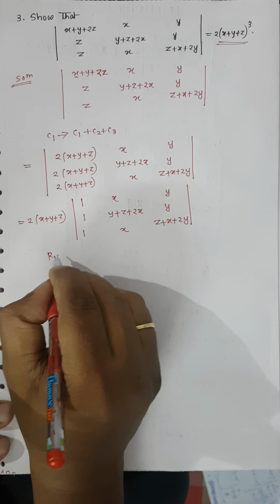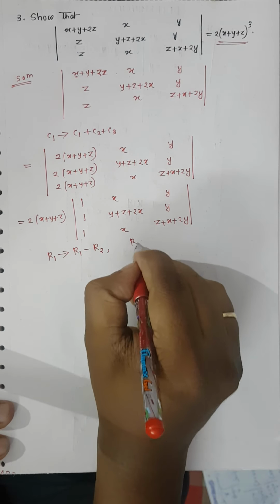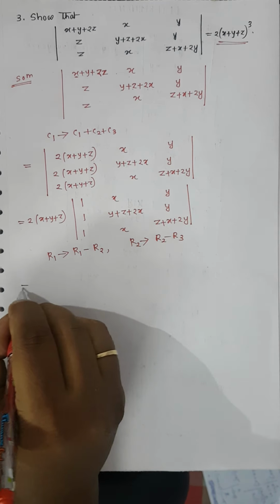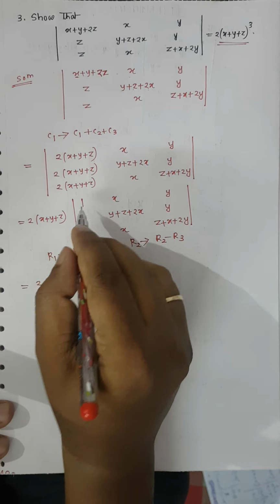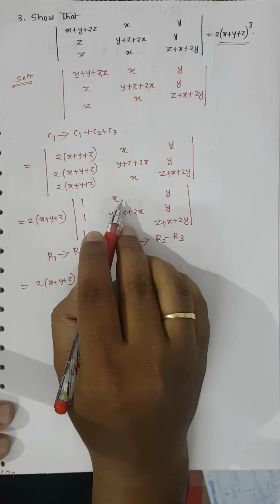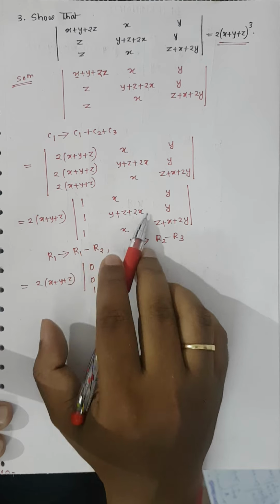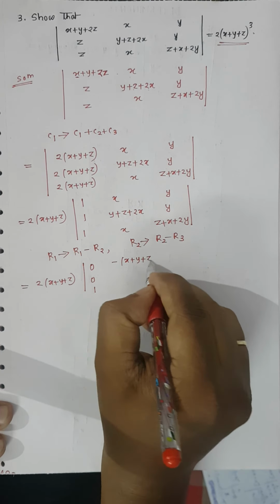If I write row 1 equal to row 1 minus row 2 and row 2 equal to row 2 minus row 3, I will have 2 into (x plus y plus z), 1 minus 1 is 0, again 1 minus 1 is 0. X minus this is minus 2x... if I subtract this from this, I will have minus of (x plus y plus z).